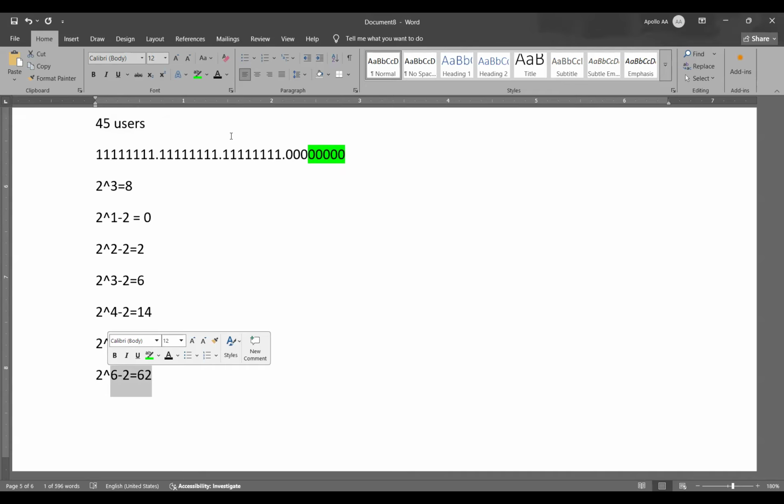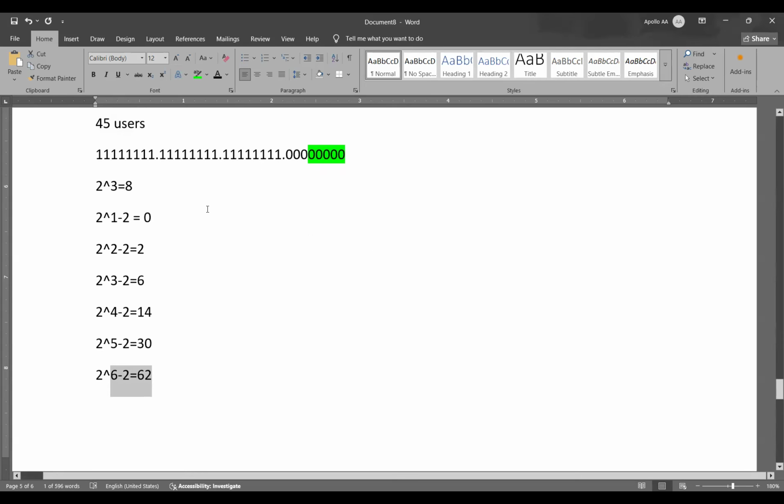Yes, Apollo, as you are concluding, you've said that we need 5 host bits to ensure that there are at least 45 users, but 5 does not get us there. Peter, I lost you.